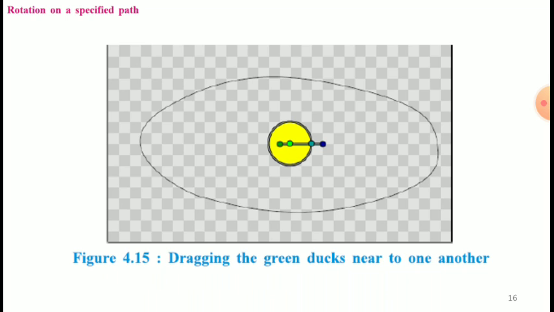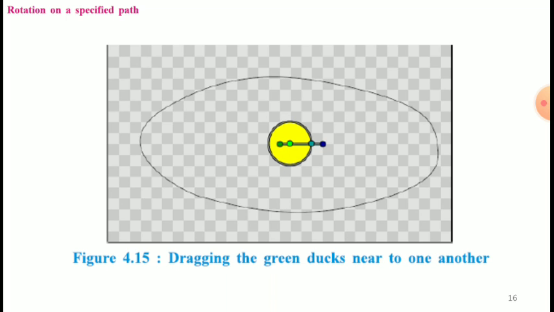Select the rotate and the circle layer and bring their positioning duck, that is the green duck, near to one another as shown in figure 4.15. That is the slide for figure 4.15, dragging the green duck near to one another.